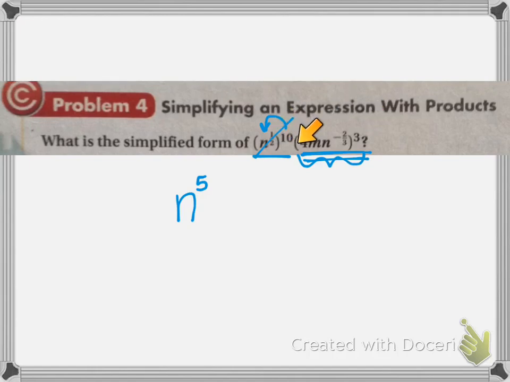That's going to be 4 to the 3rd, m to the third, n to the negative 2/3 to the third. So I'm going to write that out because I feel like if we try to do it all in our head, we're going to get confused. So if I write it out, maybe we'll see.